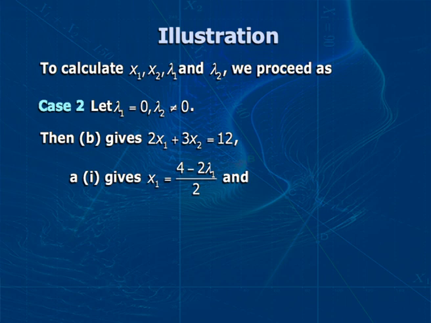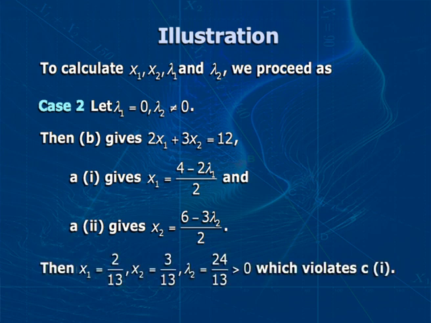A1 gives x1 is equal to (4 minus 2 lambda 1) over 2 and A2 gives x2 equal to (6 minus 3 lambda 2) over 2. Then x1 equal to 2 by 13, x2 equal to 3 by 13, lambda 2 equal to 24 by 13, which is greater than 0, which violates C1.